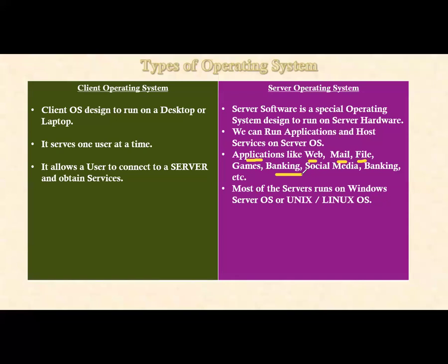You might have paid money through PhonePe or Google Pay, ordered something on Flipkart or Amazon, booked your cab, ordered food using Ola or Swiggy, sent or received messages on WhatsApp, Facebook, Instagram, played some game, or gone to YouTube. All these things are under the application category. So we use a Windows Server operating system and a Linux server operating system to run these applications.